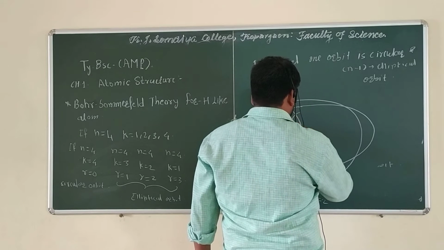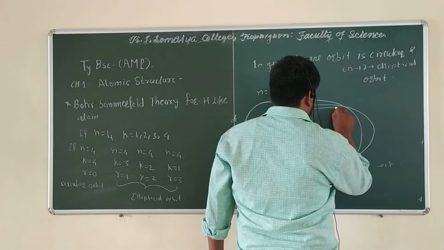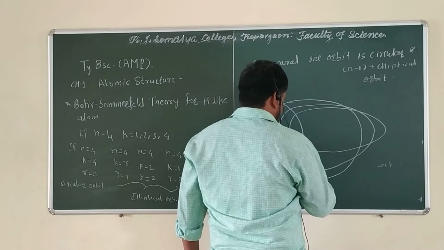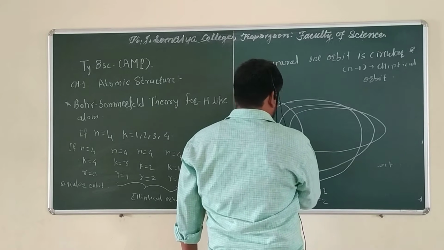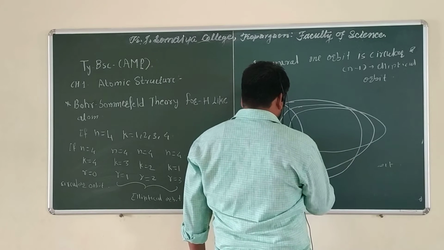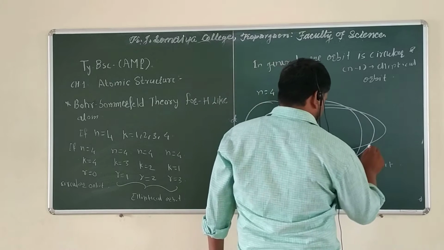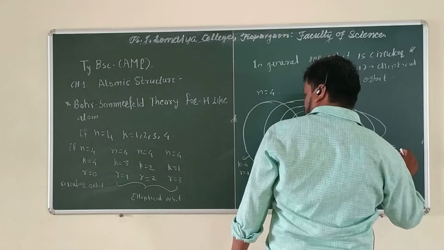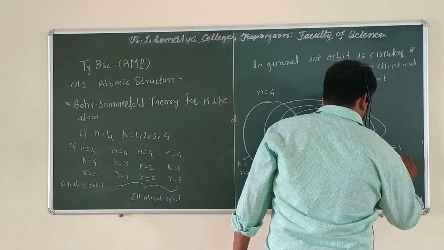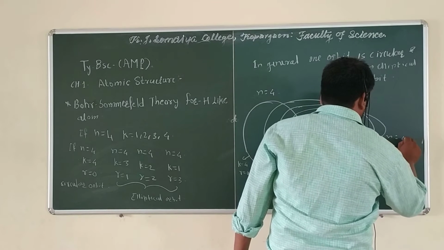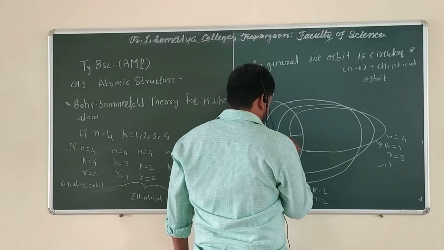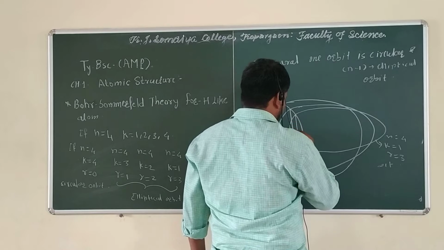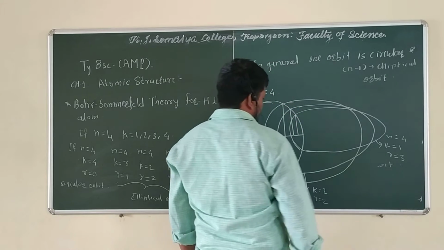Next is the condition for k equal to 1 and r equal to 3 and n equal to 4. This is the semi-major axis and this corresponds to the semi-minor axis.